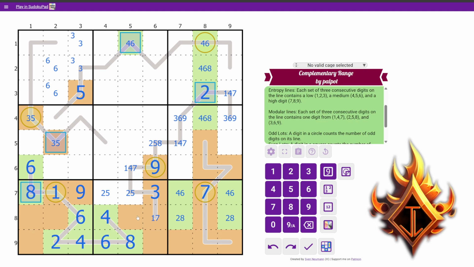And then if 9 goes here, it goes there. If it goes here, it goes in one of those. It's all good.